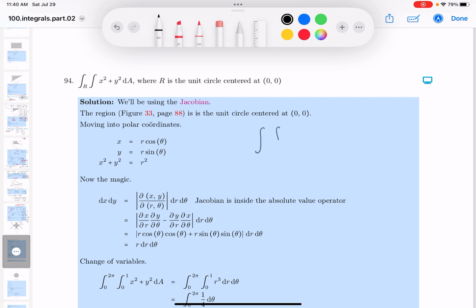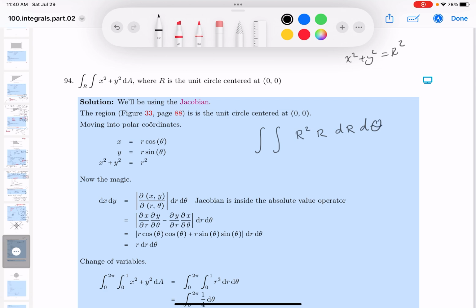We know the region: x squared plus y squared is r squared. And then dA is r dr d theta.